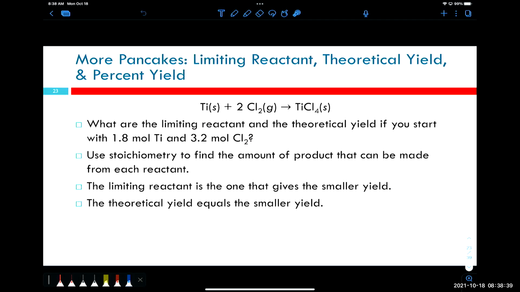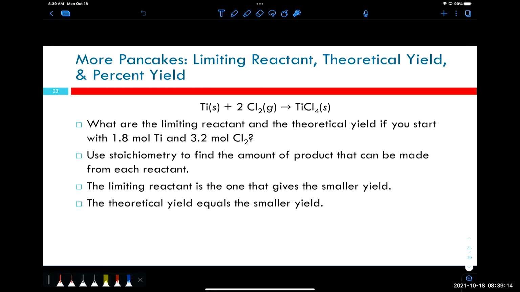If we go back to last Wednesday, which feels like so long ago, and think about making pancakes: if we don't have enough flour, but we have more than enough eggs and baking powder, then we can't make more pancakes than we have flour for. So in this case, we can't make more titanium chloride than we have titanium for, or chlorine for. So our theoretical yield will equal the smaller yield.